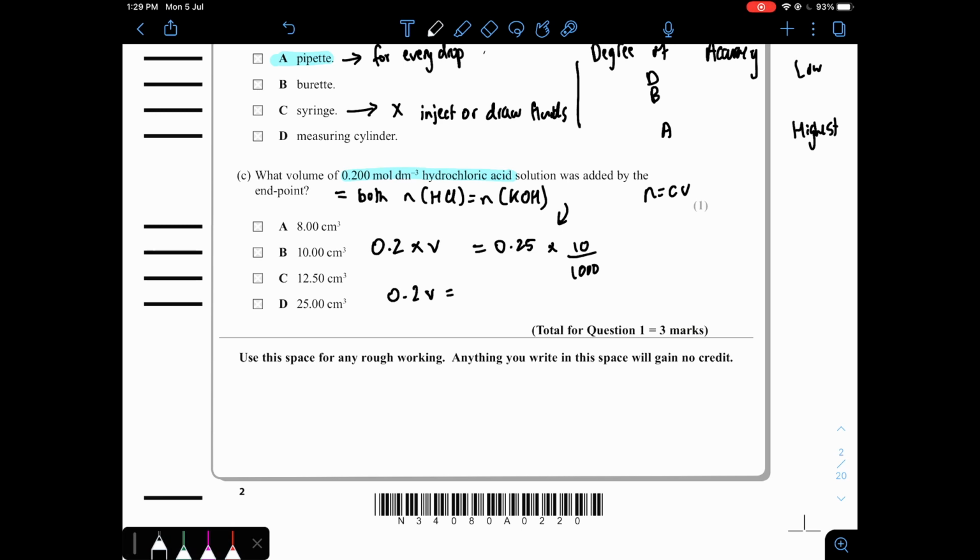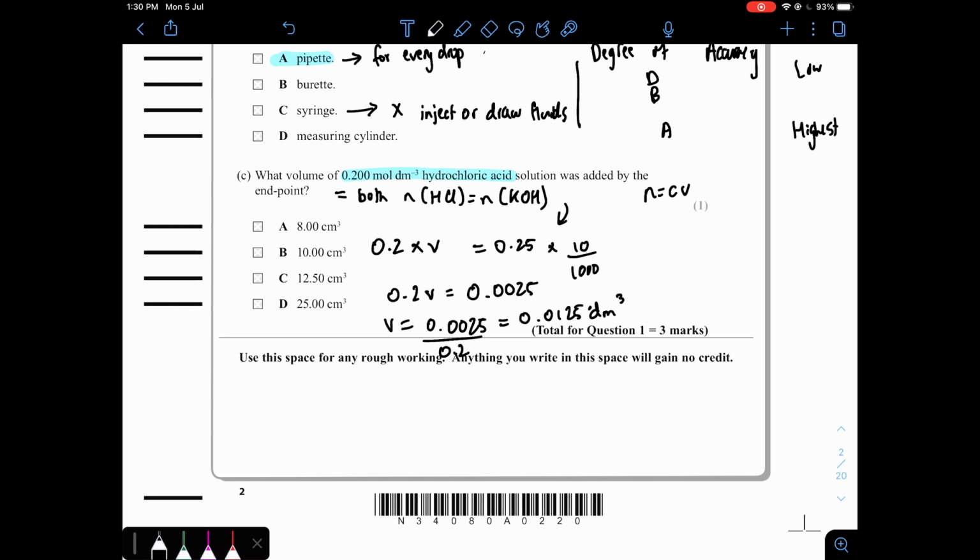That gives us 0.0025. So V equals 0.0025 divided by 0.2, and putting that in the calculator, you get 0.0125 dm³.